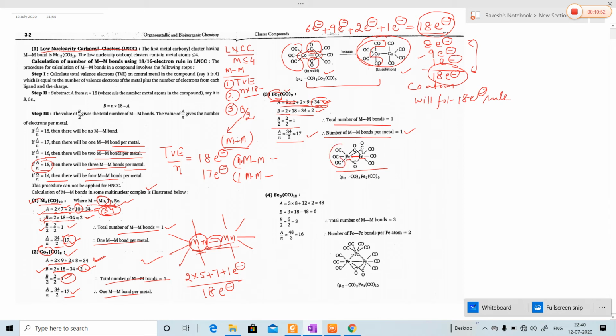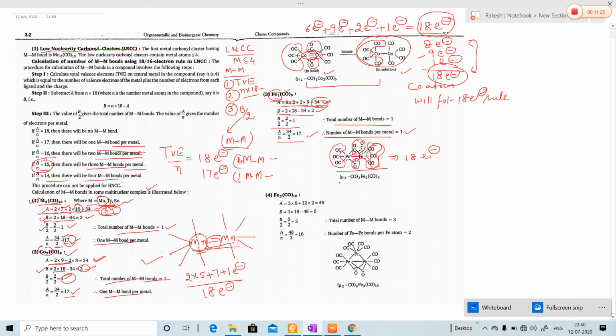There are three carbonyls present in the terminal position for the first iron. Similarly, in the second iron, there are three carbonyls at the terminal positions, and three carbonyls are present in the bridging position, and each iron will also follow the 18 electron rule.